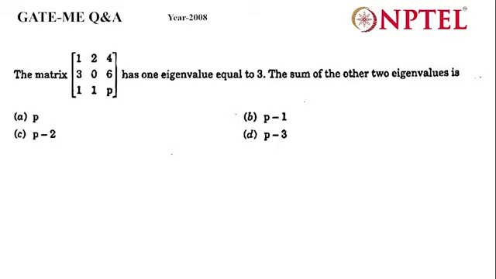Okay, solve this question. It's a very easy question. Tell me fast. C, ma'am. Okay. There's no problem in this question, right? Okay, we'll move on to the next question.